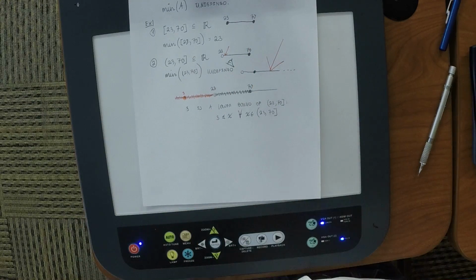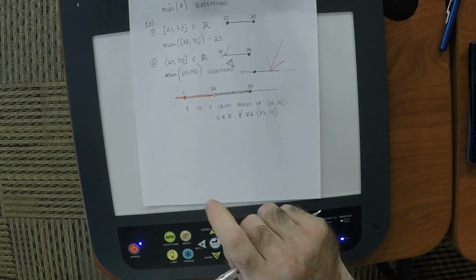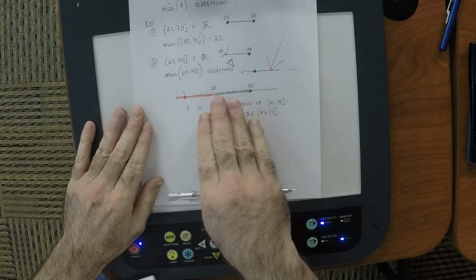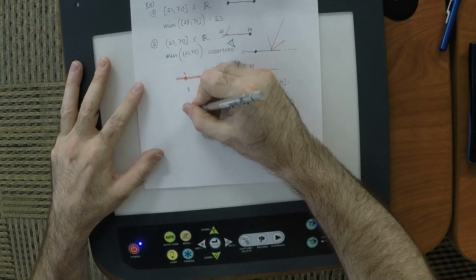And so now, concerning the red set, the set of all lower bounds for this set has a maximum. So the max.